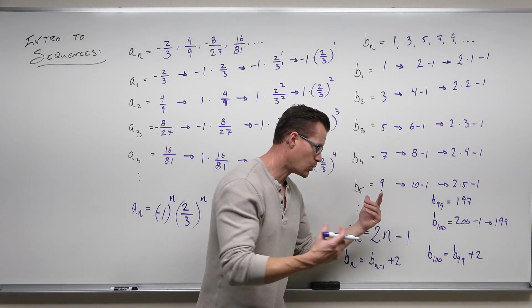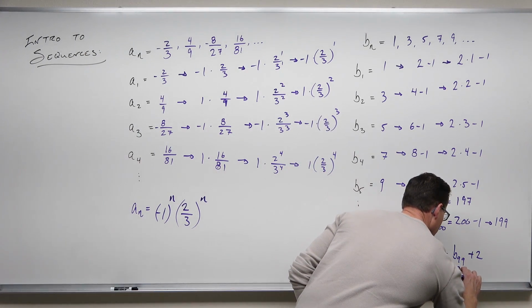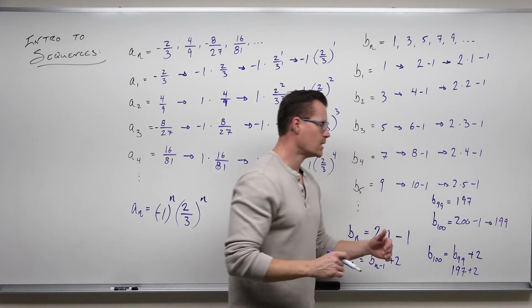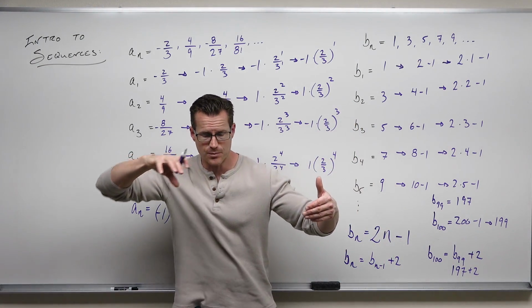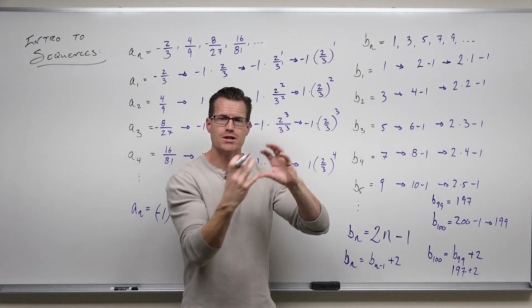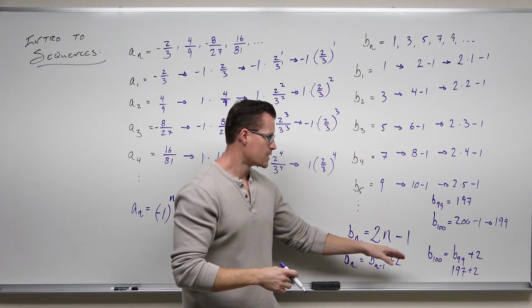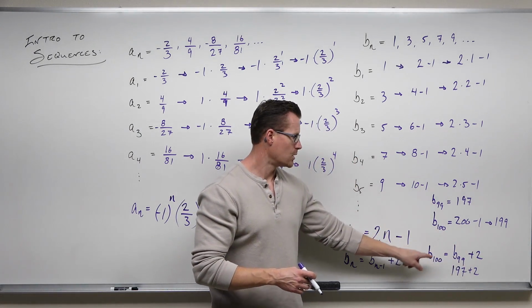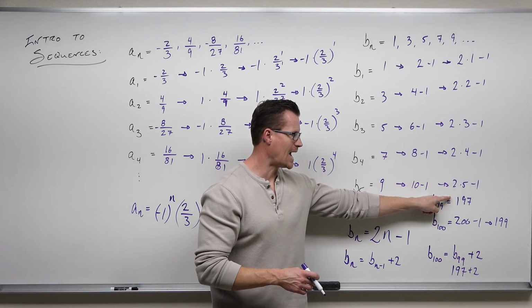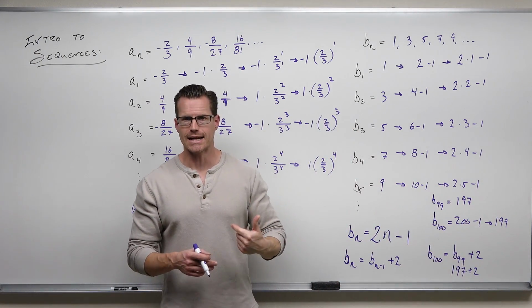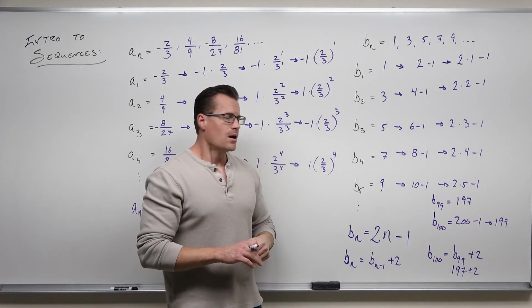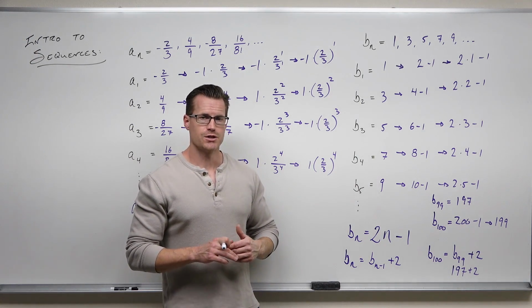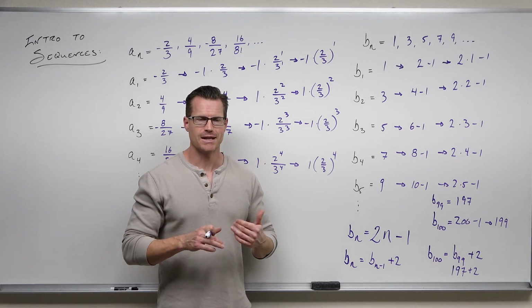The 99th term is 197 plus 2. So recursive formulas have to look at the previous term or terms and do something to get your current term. So b sub 100 says, look at your previous term and add 2. Look at your previous term, 197, and add 2. Oh, I should get 199. That is my 100th term. But it requires a lot more information to do that. It requires previous terms information.